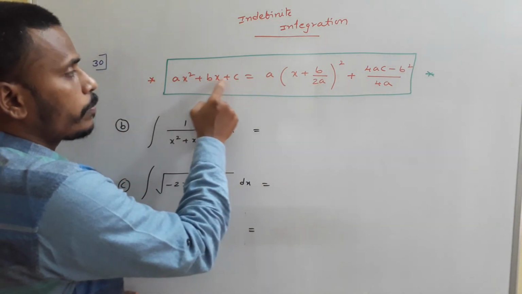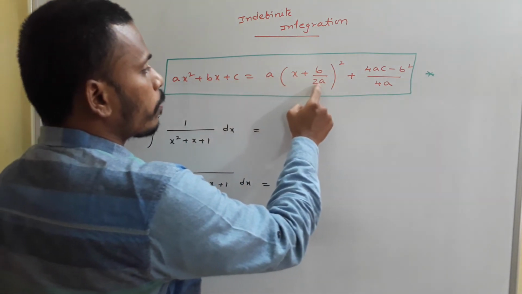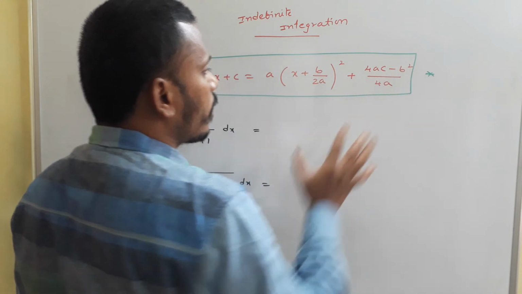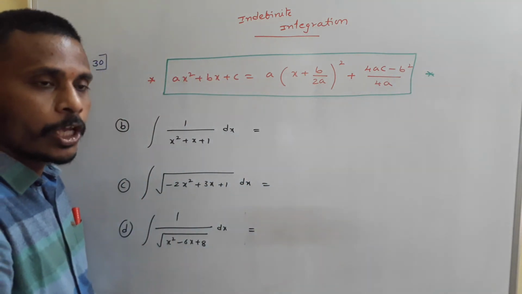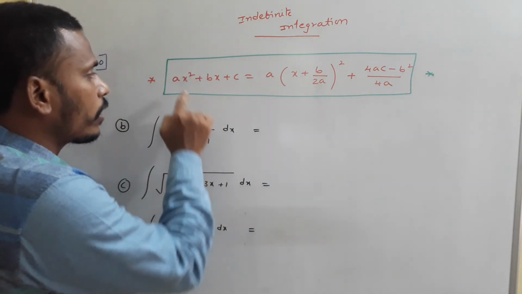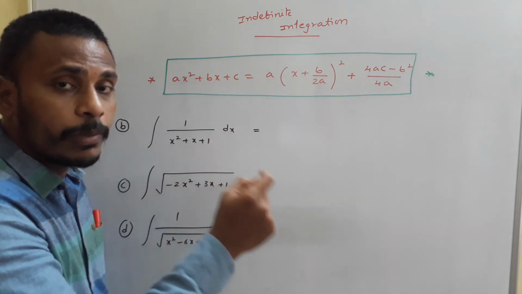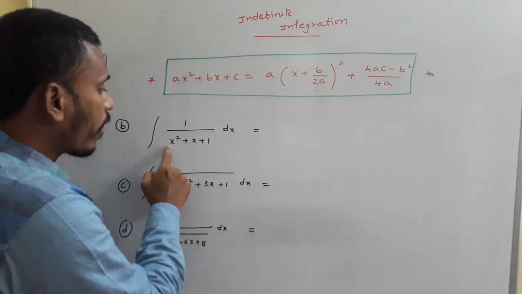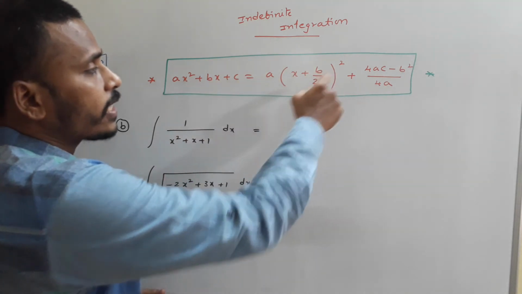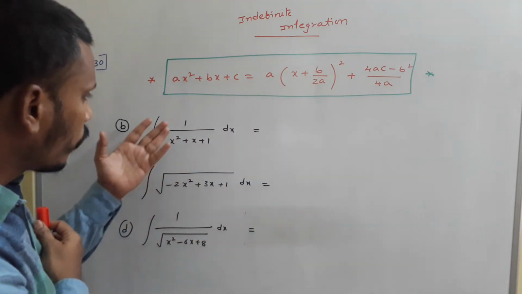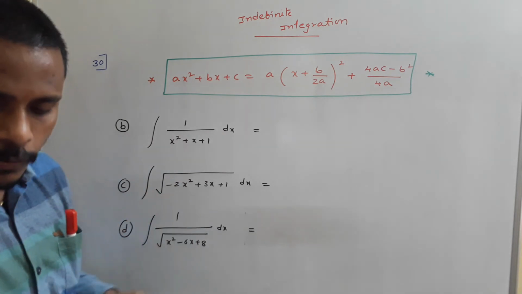So ax square plus bx plus c is equals to a into x plus b by 2a whole square plus 4ac minus b square by 4a is the formula. You just compare the given quadratic with ax square plus bx plus c, identify a value, b value, c value, and write this quadratic as a perfect square plus some constant and use our standard integration formula.